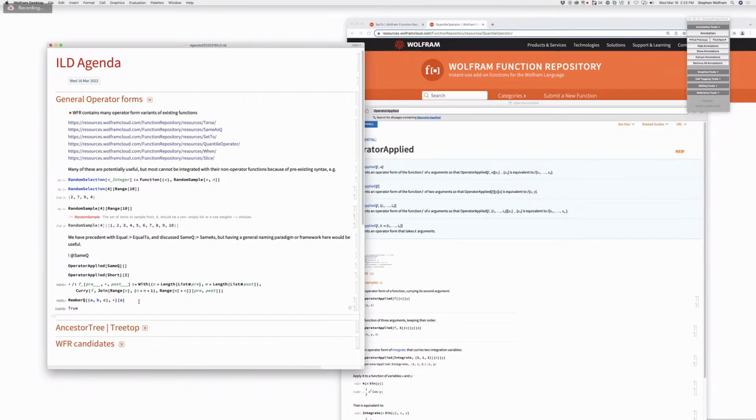Boy, that's interesting. I mean, pure functions are a very common construct, and having yet another notation for them doesn't seem completely crazy. It's confusing, though.